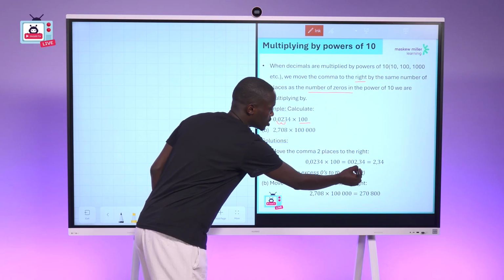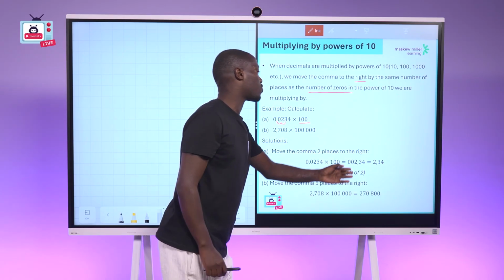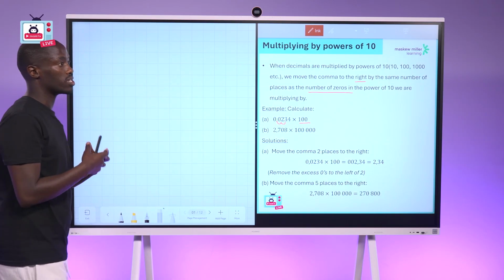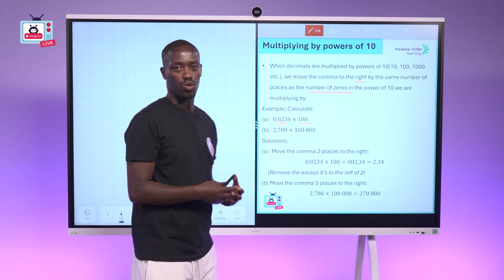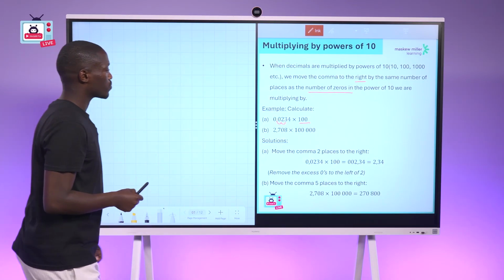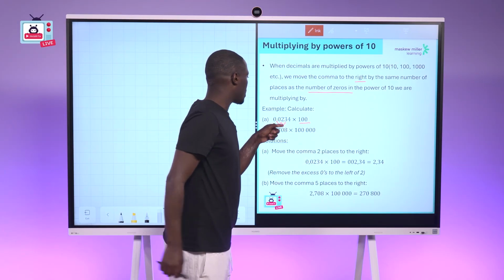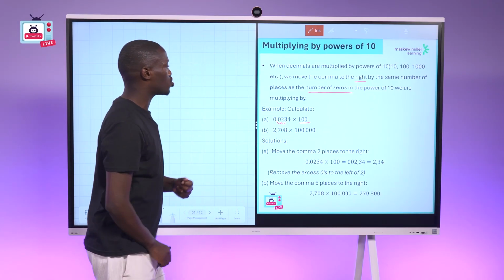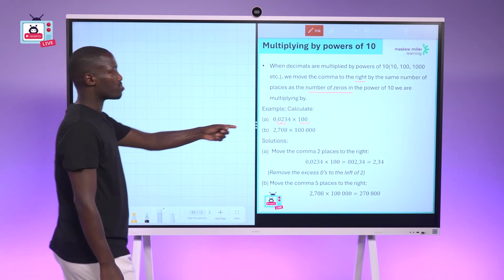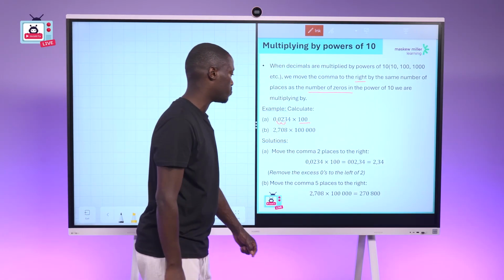But the zeros in front, we can just discard them because we call them excess zeros. So 0,0234 multiplied by 100 will give you 2,34.